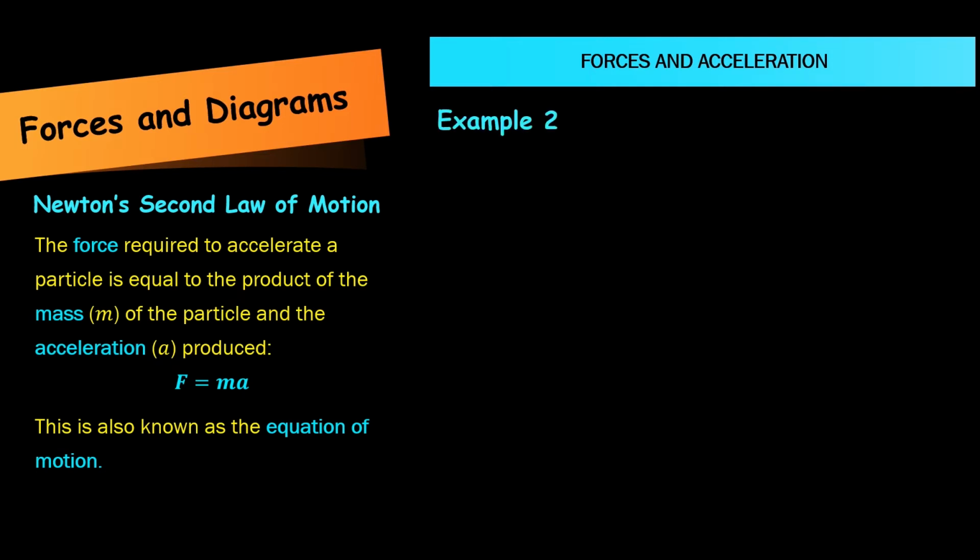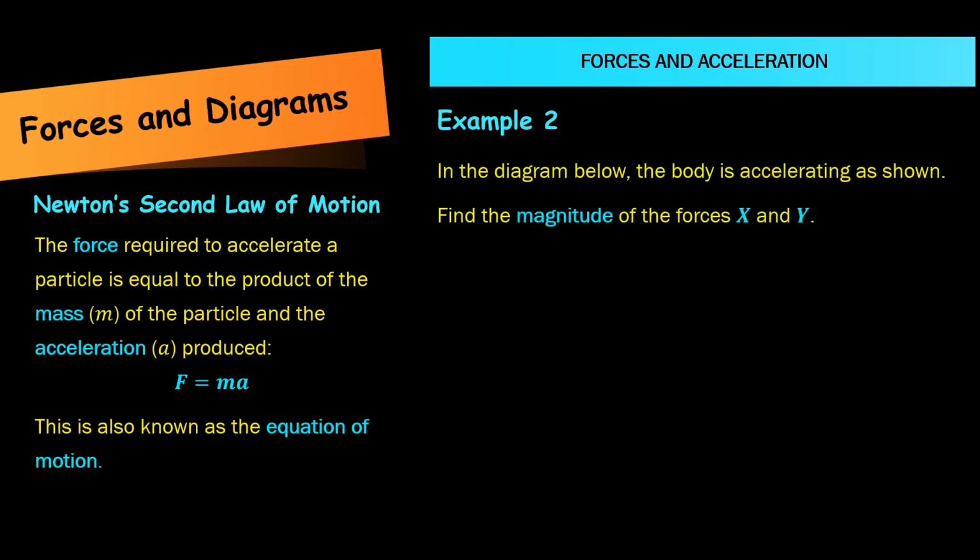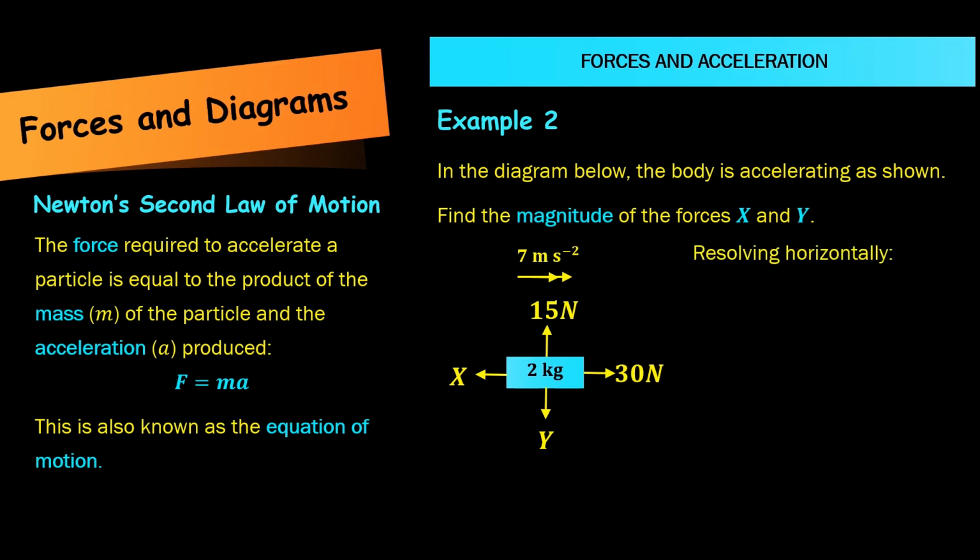Now let's take a look at another example. In the diagram below, the body is accelerating as shown. Find the magnitude of the forces x and y. Let's first resolve the forces horizontally.